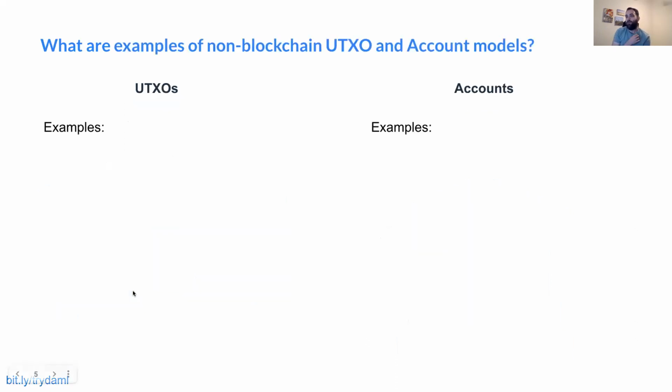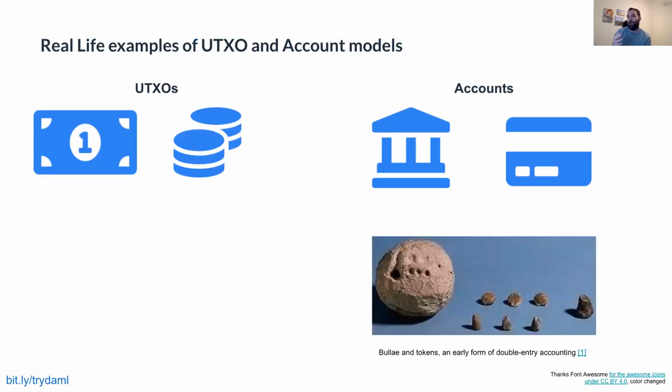So now, to think about it, does anybody know... I kind of actually gave it away, so maybe I'll skip this question, but there are lots of examples of non-blockchain UTXO and account models. Like I touched on before, the rough analogs of these things are cash and bank accounts, and they've existed for quite a lot of time.